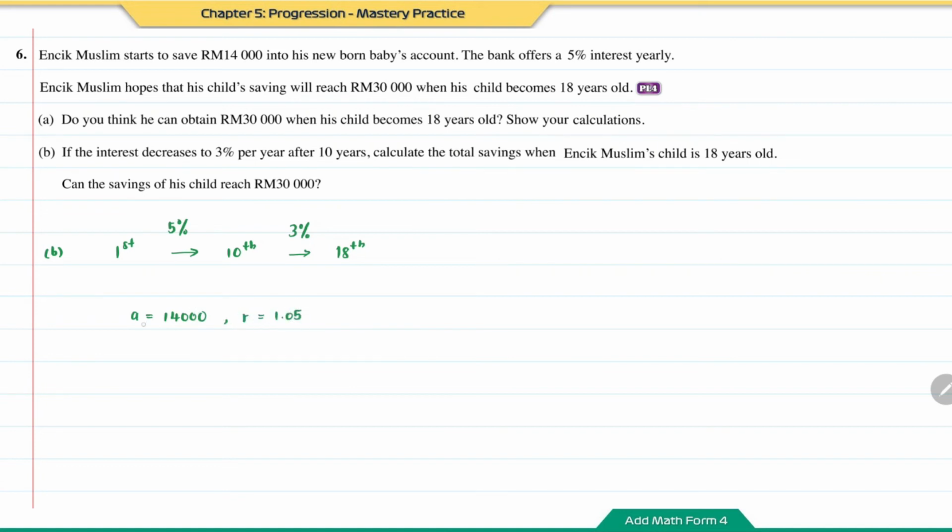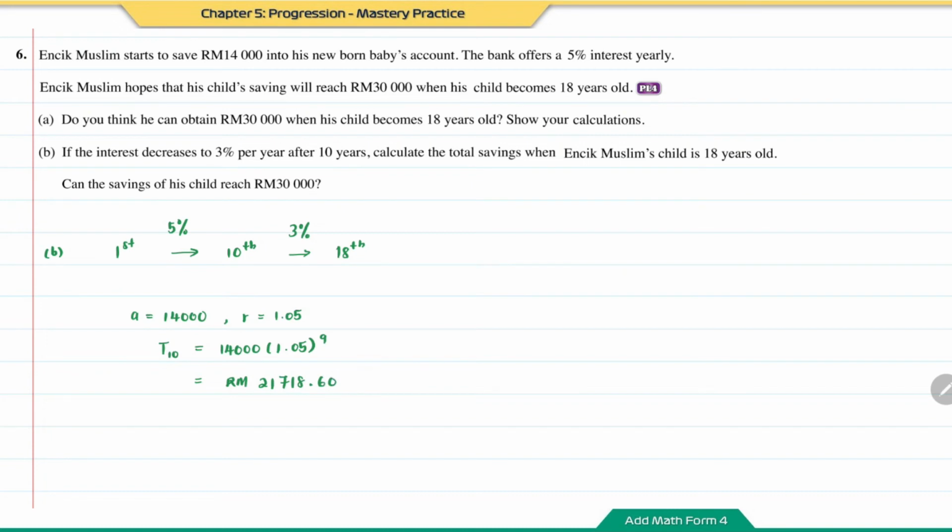So the amount of money Inject Muslim saved in the 10th year, which is the T10, is going to be 14,000 times 1.05 to the power of n minus 1, which here is 9. So after 10 years, the amount of money will be 21,718 ringgit and 60 cents.